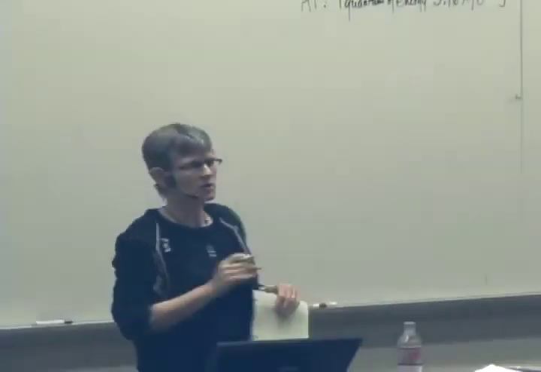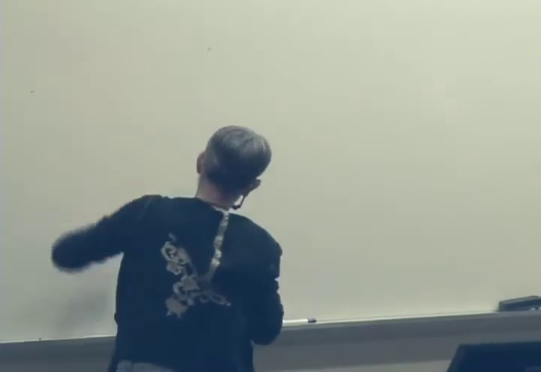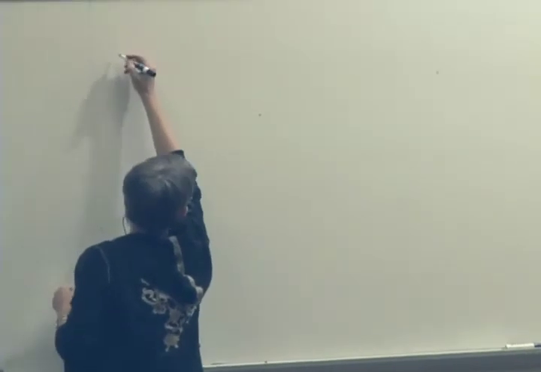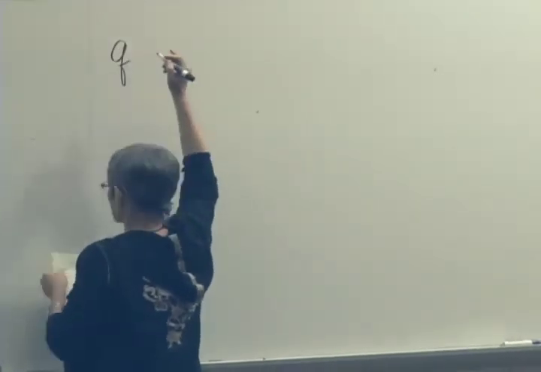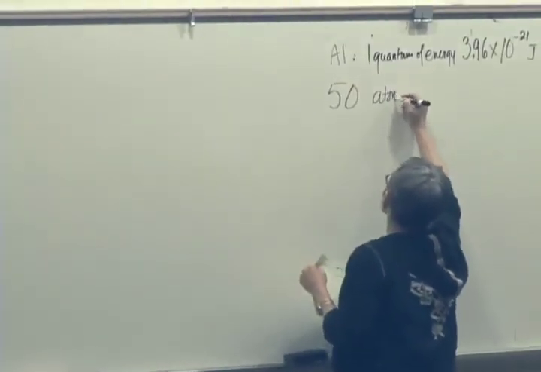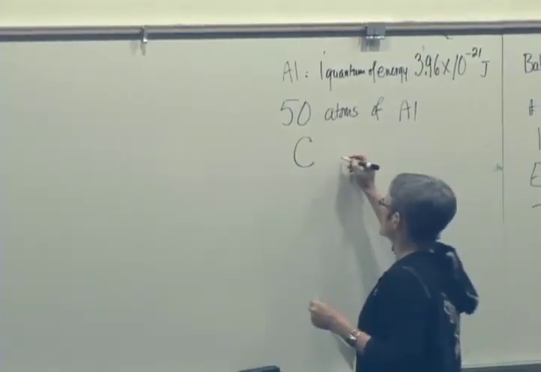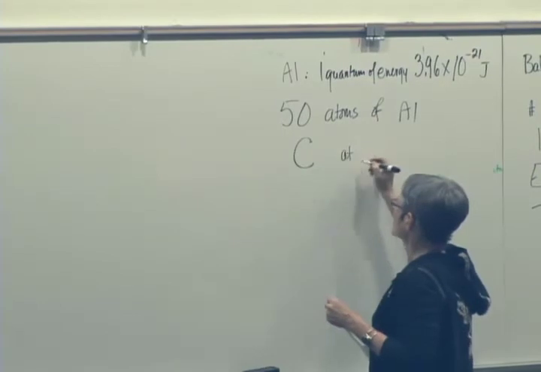So what we're going to do is take a particle that has 50 aluminum atoms in it, and calculate its specific heat capacity when it's cold, low temperature, when it doesn't have that much energy in it.